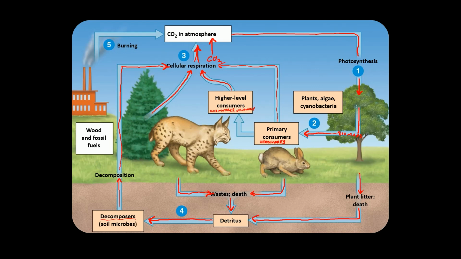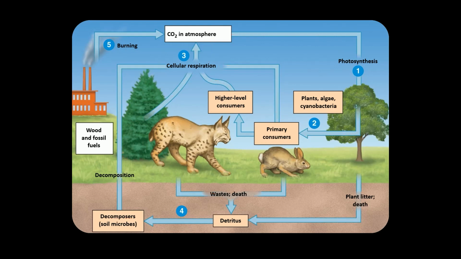So there's this constant interchange of photosynthesis pulling carbon out of the atmosphere and cellular respiration and decomposition processes putting it back in. If the amount of photosynthesis is exactly equal to the amount of cellular respiration in an ecosystem, then the total amount of carbon dioxide in the atmosphere will not change whatsoever.